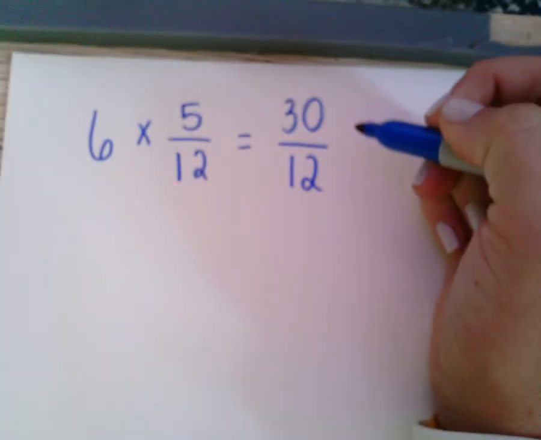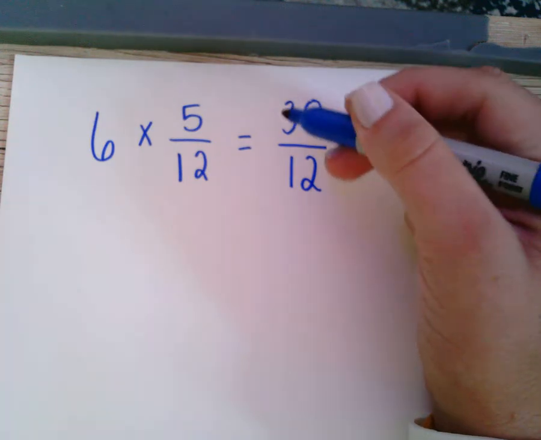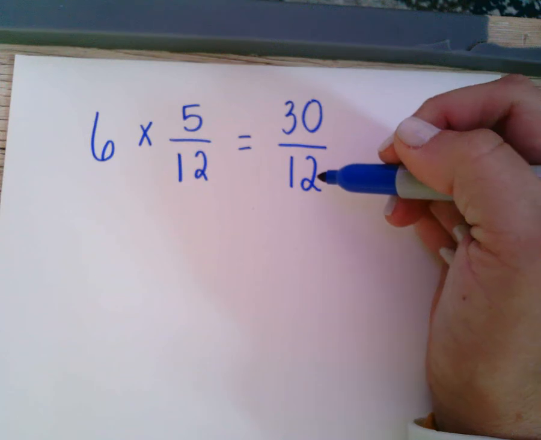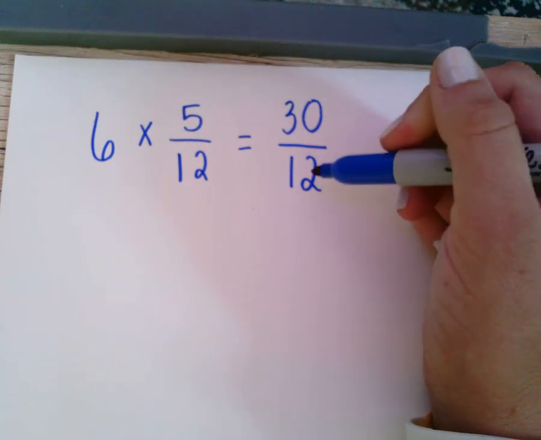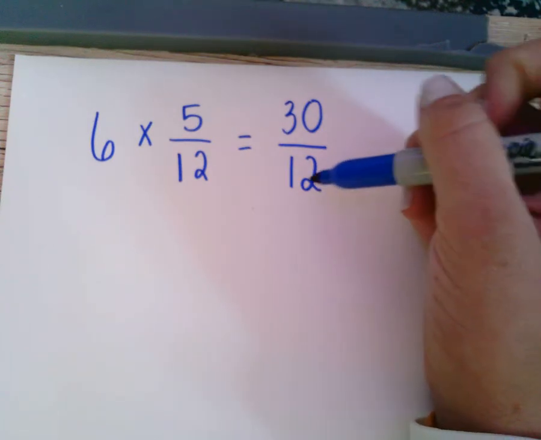But many of you know that 30/12 is an improper fraction. We have a bigger numerator on top than your denominator. So we have to rename this fraction. If you know that you can rename this fraction already without my help, go ahead, pause the video.